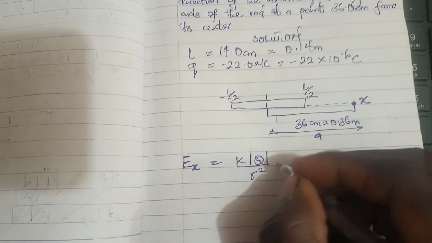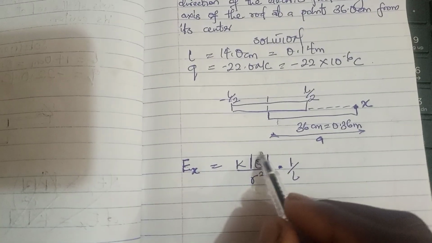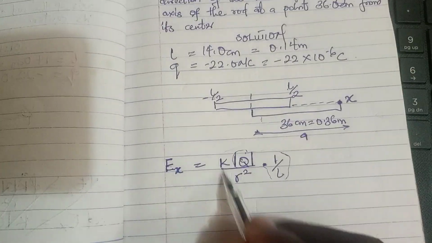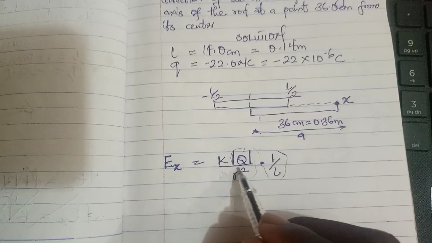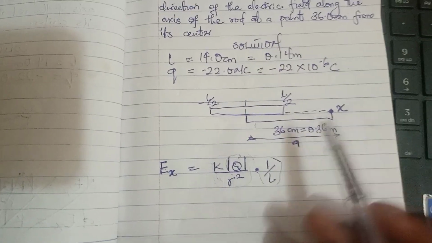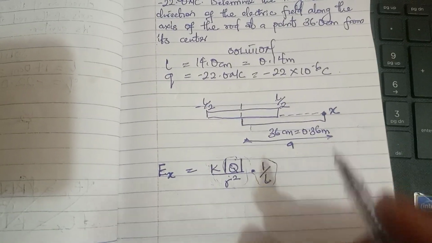Then we multiply by 1 over L. Literally, we are just supposed to find the charge density, but now we are writing the normal formula for electric field, which you know. But in this case, since we're dealing with the length of a rod, we find it per unit length. So 1 over L will be added to our formula.